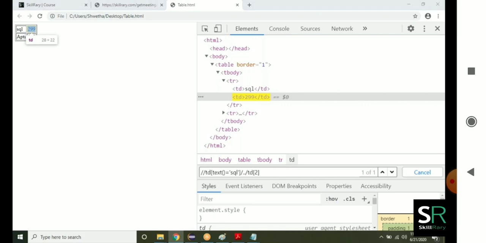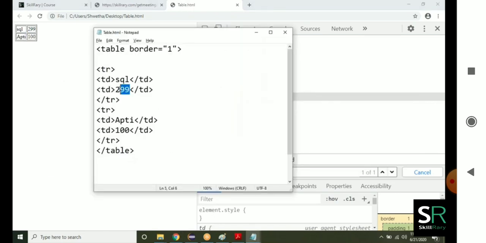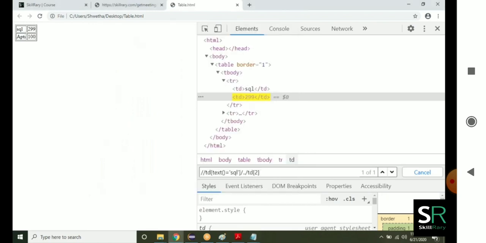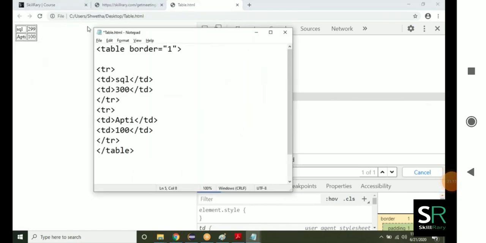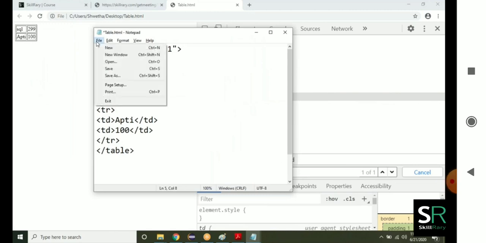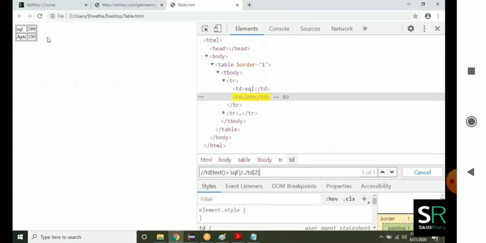Yes, it is working now. Still it is working. Now let me change it to 300 rupees. Let me save it. The price has been changed to 300.